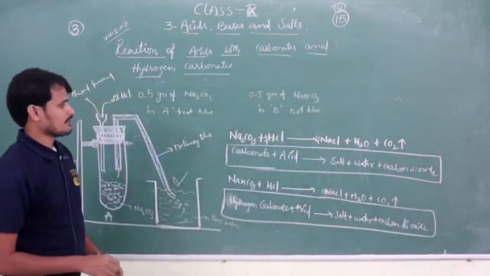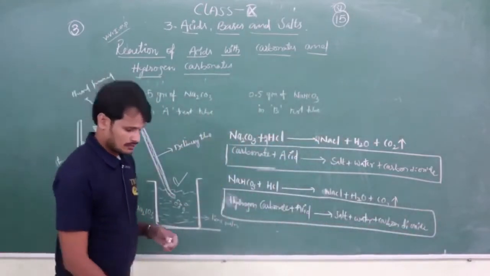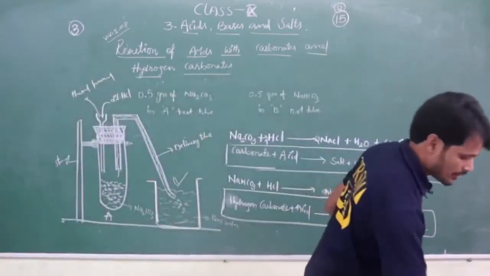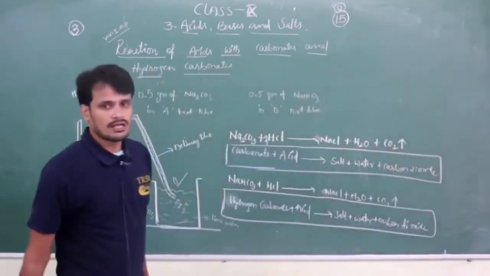So these are the general formulas for when carbonate or hydrogen carbonate is treated with acid.